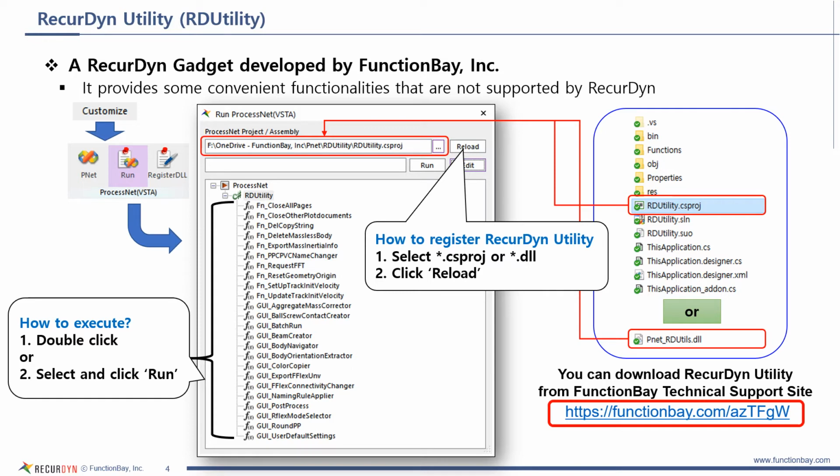Then RD Utility appears on the Run ProcessNet window, and you can see various functions. You can double-click or select each function to execute it by clicking the Run button. The RecurDyn Utility project source or DLL file can be downloaded from the Function Bay technical support site as shown.